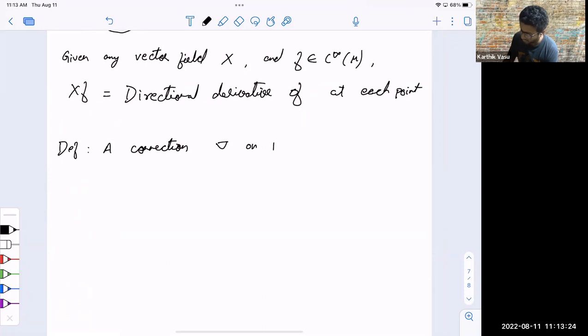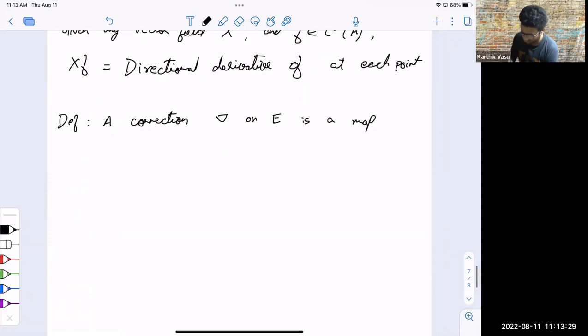Nabla on E is a map. I will define X(M) to be vector fields. So these are all C infinity vector fields on M.